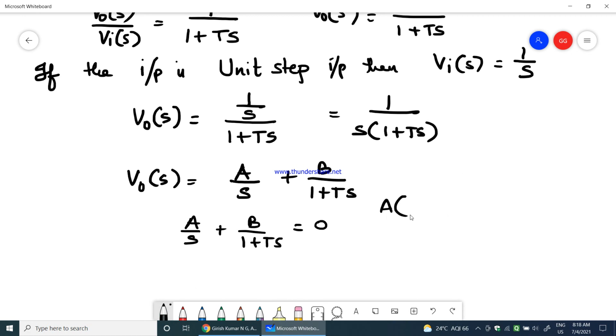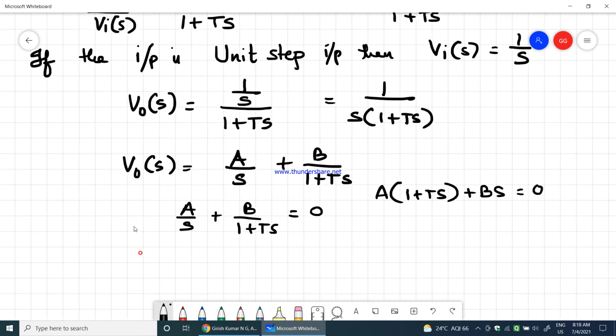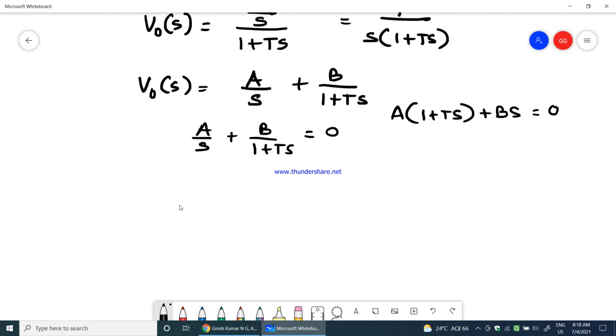Therefore A into (1 plus Ts) plus B into S equals 1.